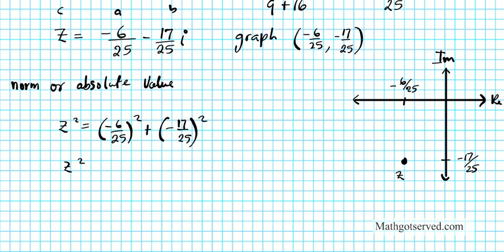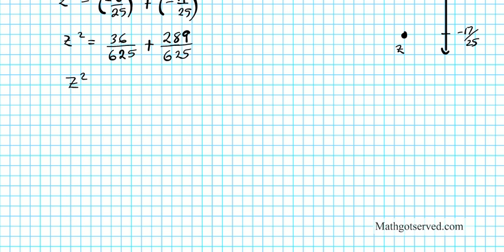We'll have z squared equals 36 over 625, square top and bottom, plus 289, so that's 17 squared over 625. And then we can combine them since the denominators are the same. We're going to have 325 divided by 625.